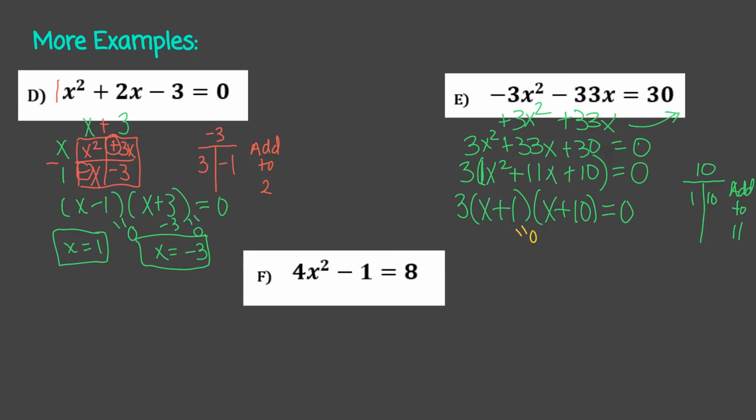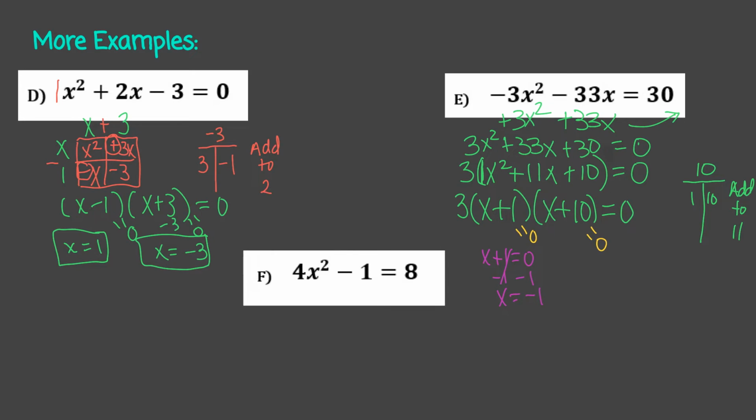If I set this one equal to 0 and this one, now notice I don't have to do the 3 because the 3 does not have an x. If it had an x, then you would need to set it equal to 0. If I do x plus 1 equals 0, I would have to subtract 1. That would give you x equals -1.